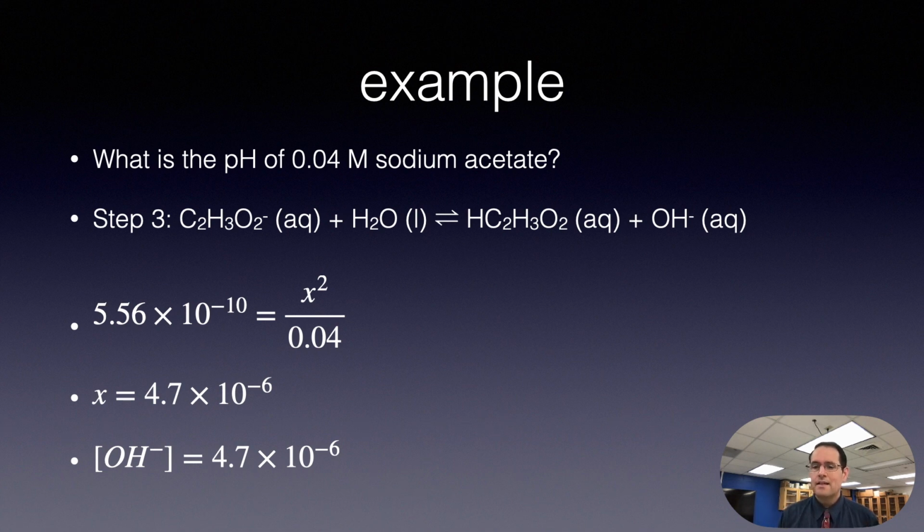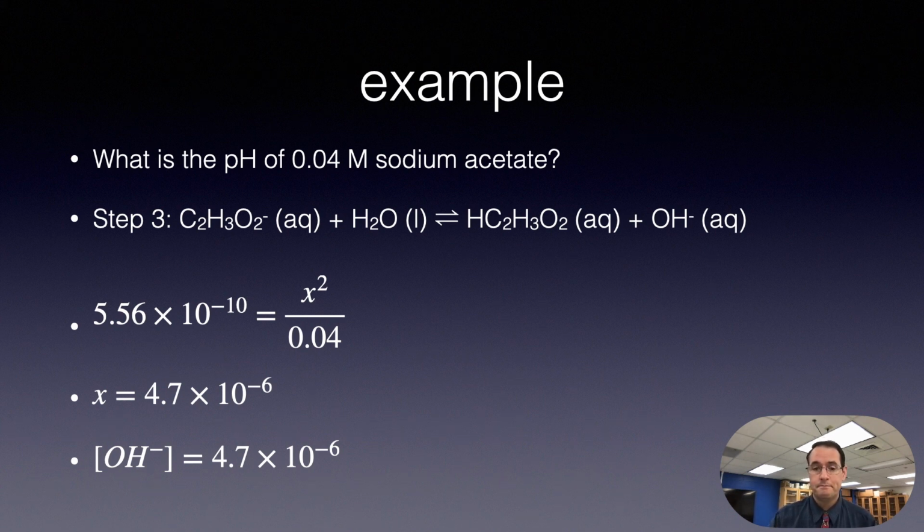That's x. You might have to go back to the ICE table to figure out, well, what is x? X is the concentration of hydroxide. So we know hydroxide is equal to 4.7 times 10 to the minus 6 molar. Remember how I said x is tiny? That is tiny. If you take 0.04 and you subtract that tiny number, you're probably going to get 0.04 on your calculator.